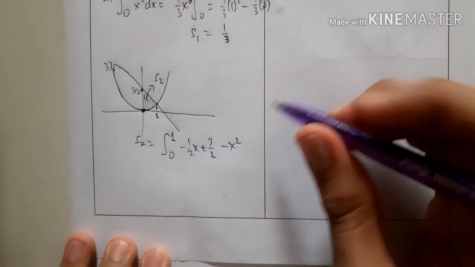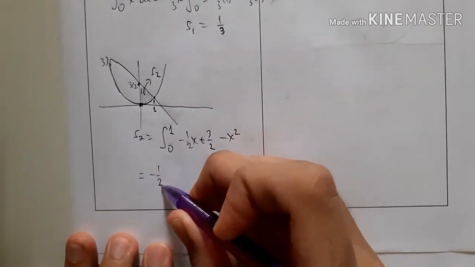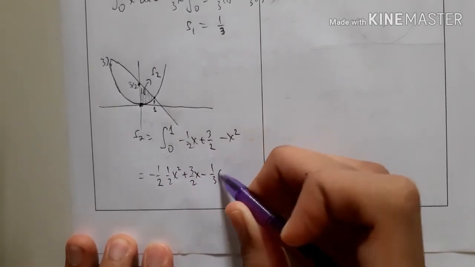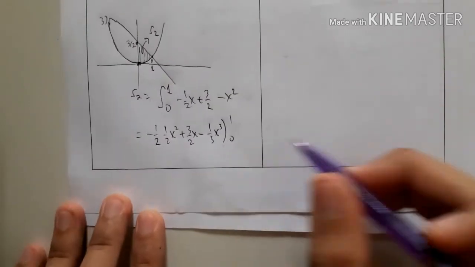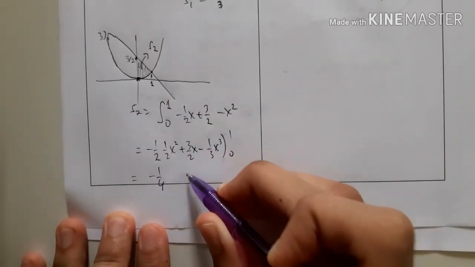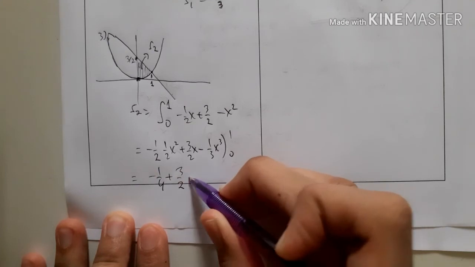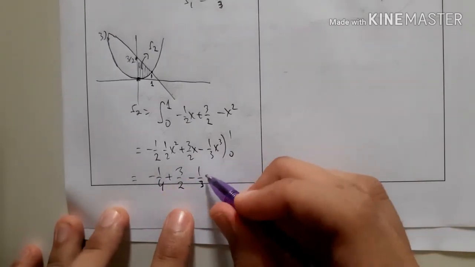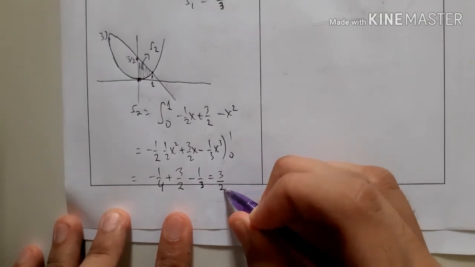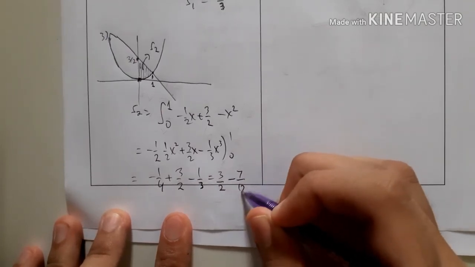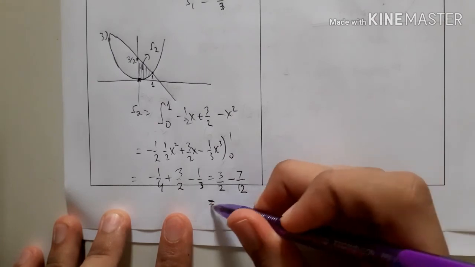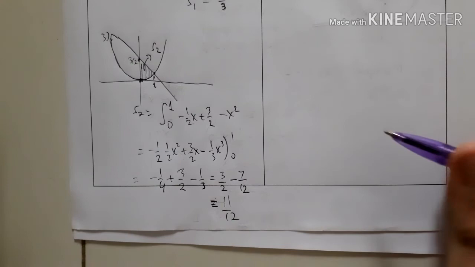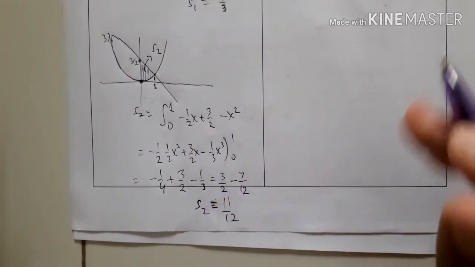We calculate this: minus half times half x squared plus 3/2 x minus 1/3 x cubed. Put the limits in, so that is minus 1/4 plus 3/2 minus 1/3, and at 0 everything is 0, so we only calculate this, which is 3/2 minus 7/12. And we got the answer of 11 over 12. So this is the area of S2.